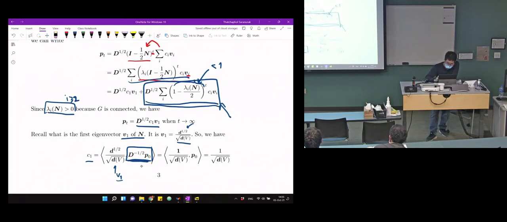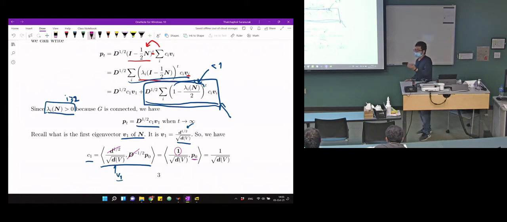So now you have this, and these two things cancel out. So you have this thing times P0. P0 is just some probability distribution. When you take the inner product with the all-ones vector, you get 1.